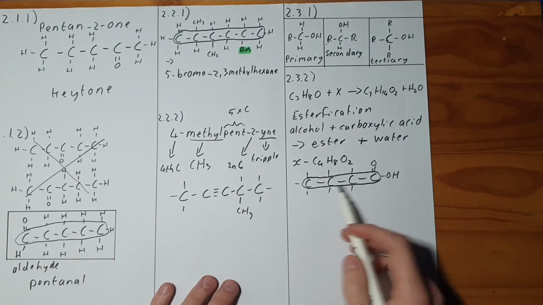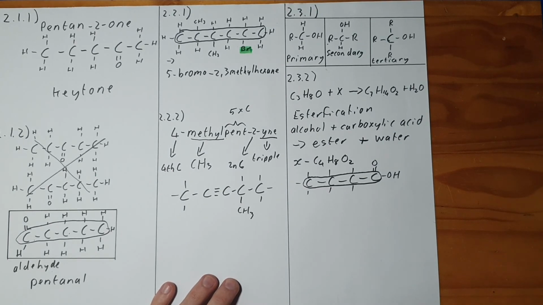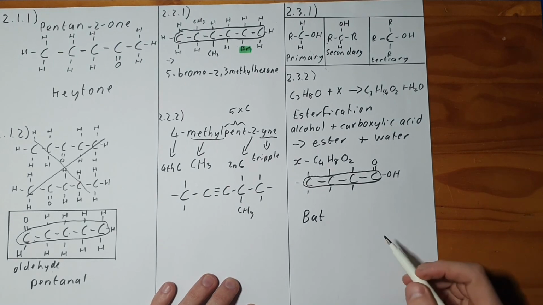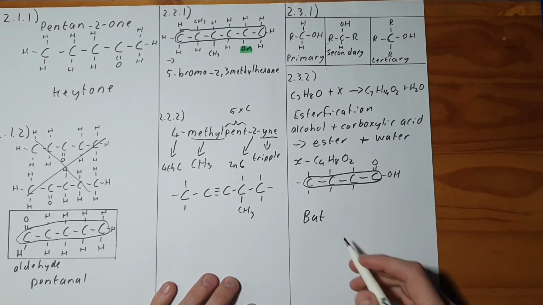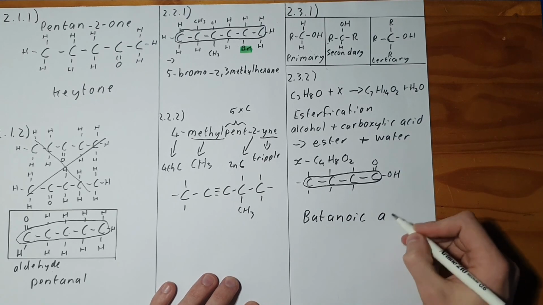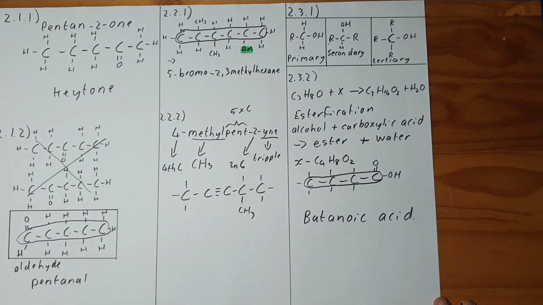We know that it's a carboxylic acid, so 4 is but, and the suffix for carboxylic acid is oic acid. That's how we go about doing this question.